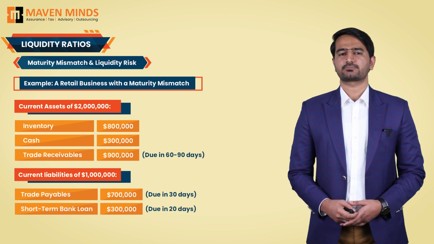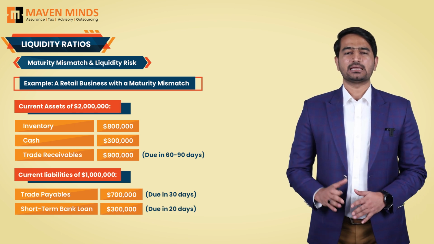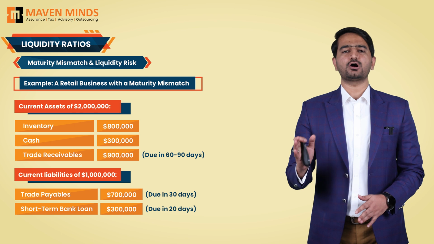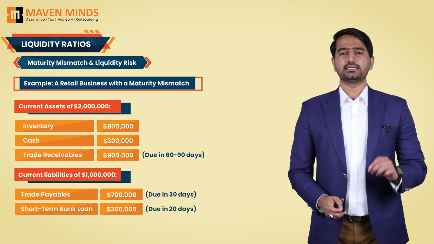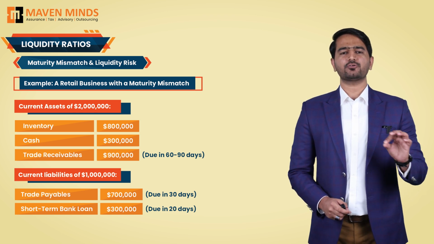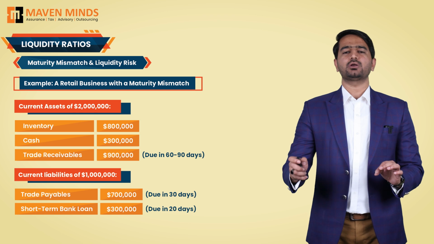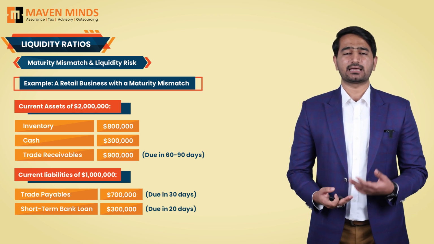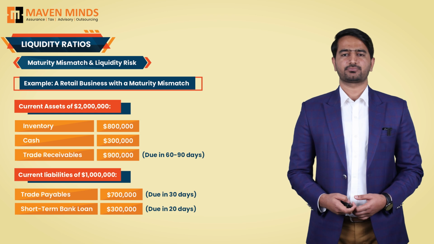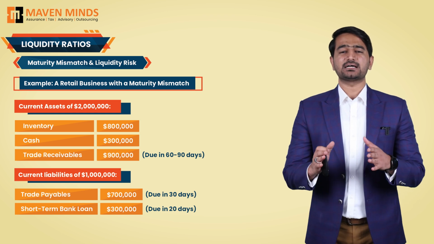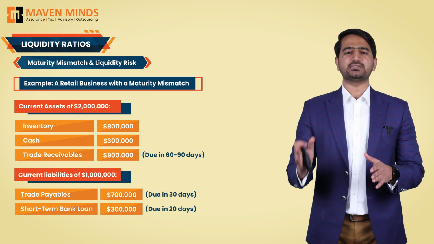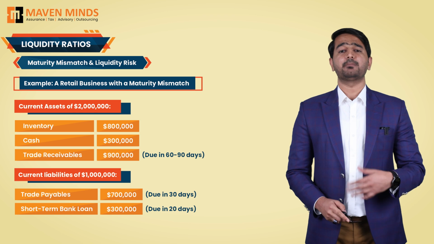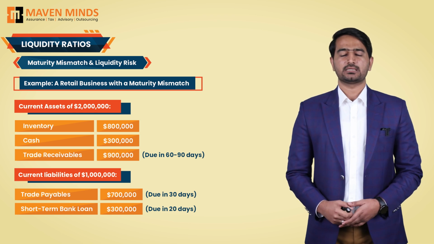At first, the company has a current ratio of 2:1, meaning that for every dollar of liability, it has $2 in current assets. This would typically be interpreted as a safe liquidity position. However, if we assess the maturity profile of these assets and liabilities, a major issue arises.